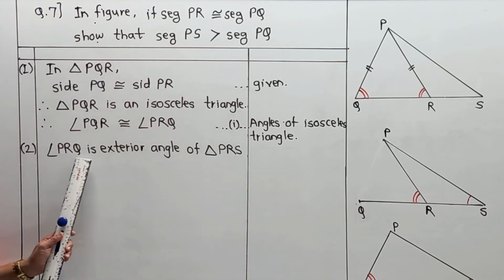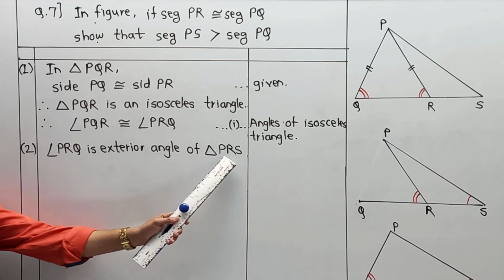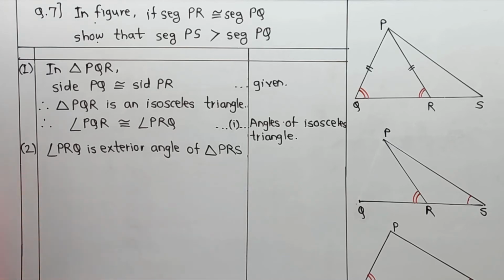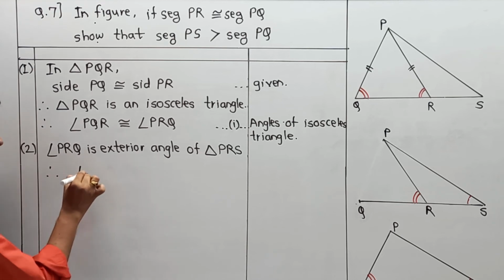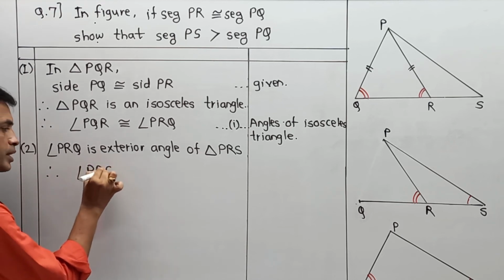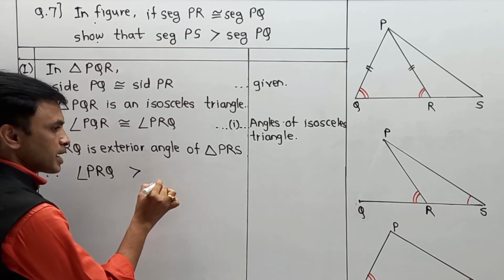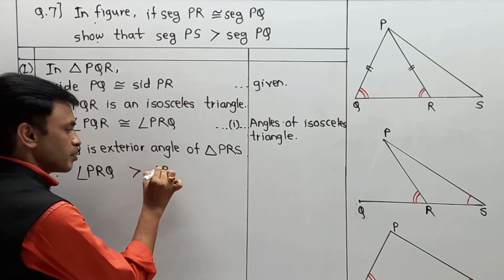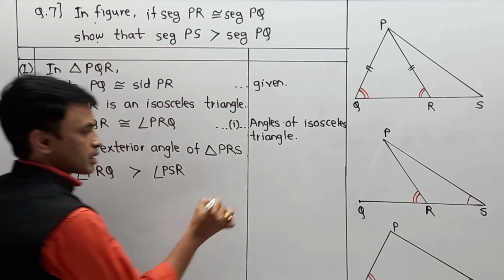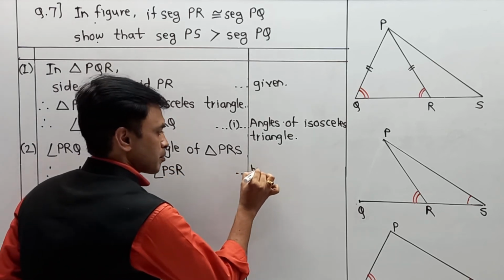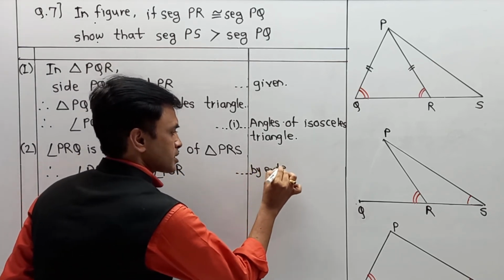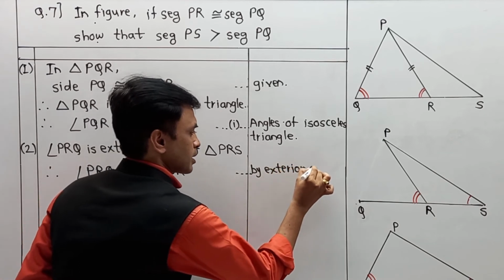If PRQ is the exterior angle for triangle PRS, now we know that value of exterior angle is always greater than its remote interior angle. So I am going to write, therefore angle PRQ is greater than angle PSR by exterior angle property.